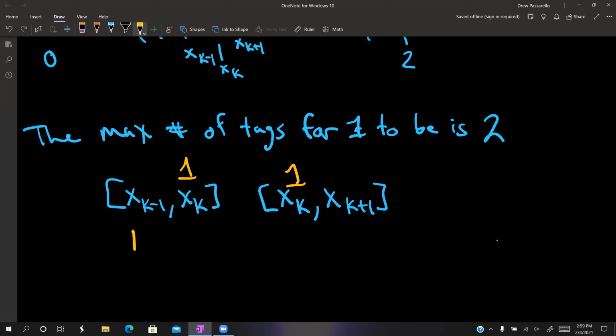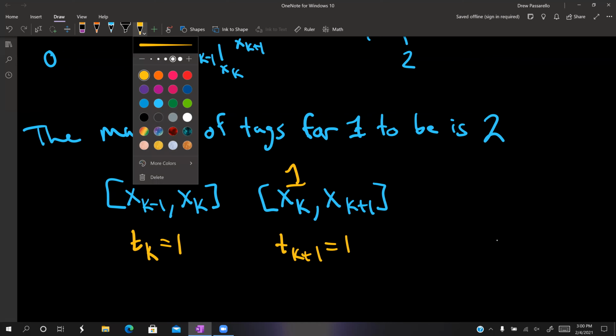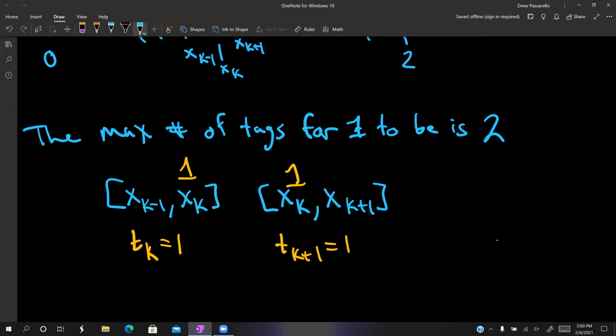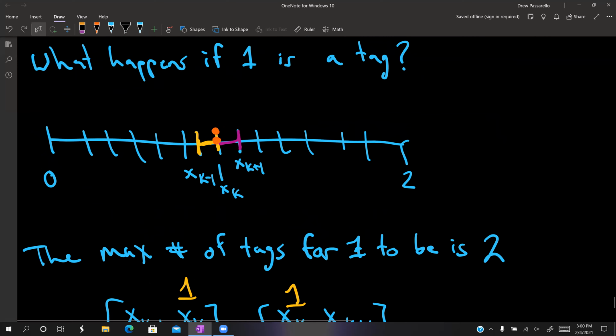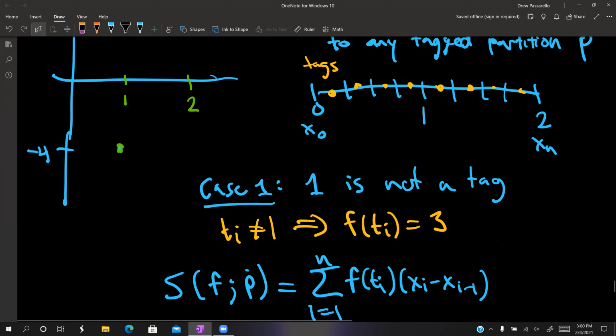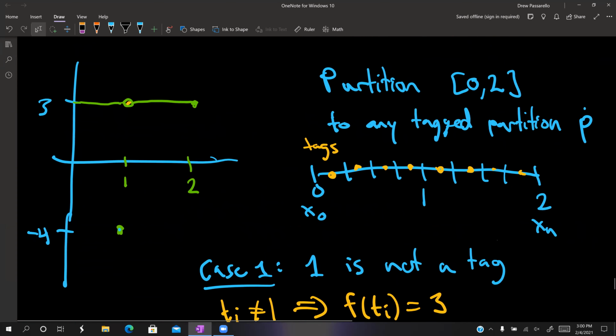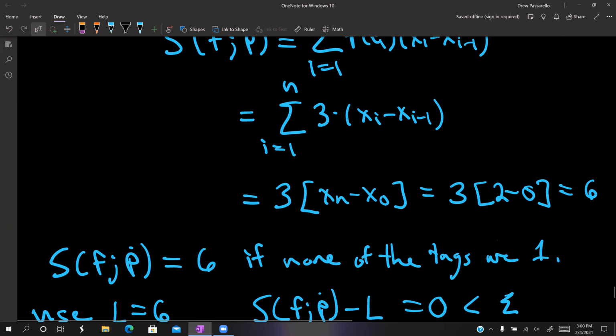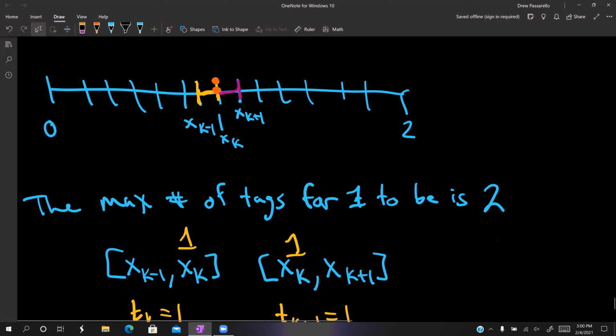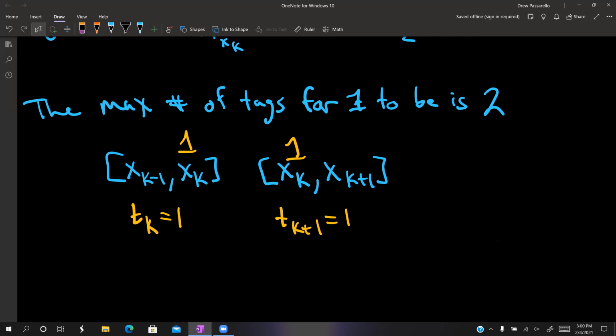And so this would be like the kth tag is 1, and the k plus 1 tag is also 1. It's possible to have that. So this could be our worst case scenario. I was trying to think of what's the maximum number of tags we could have be 1, and that would be if it was used twice, as a right endpoint and as a left endpoint for 2 subintervals that are right next to each other.